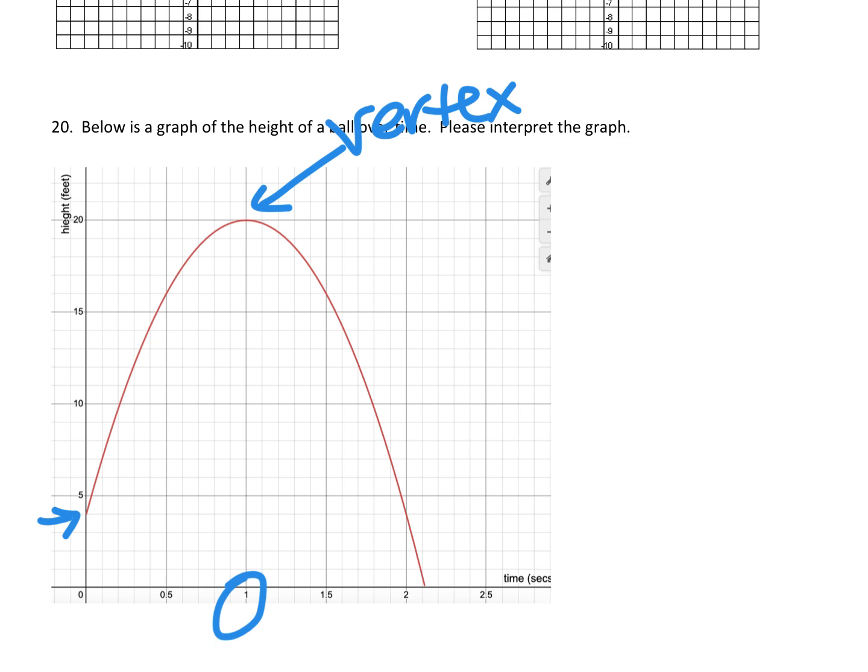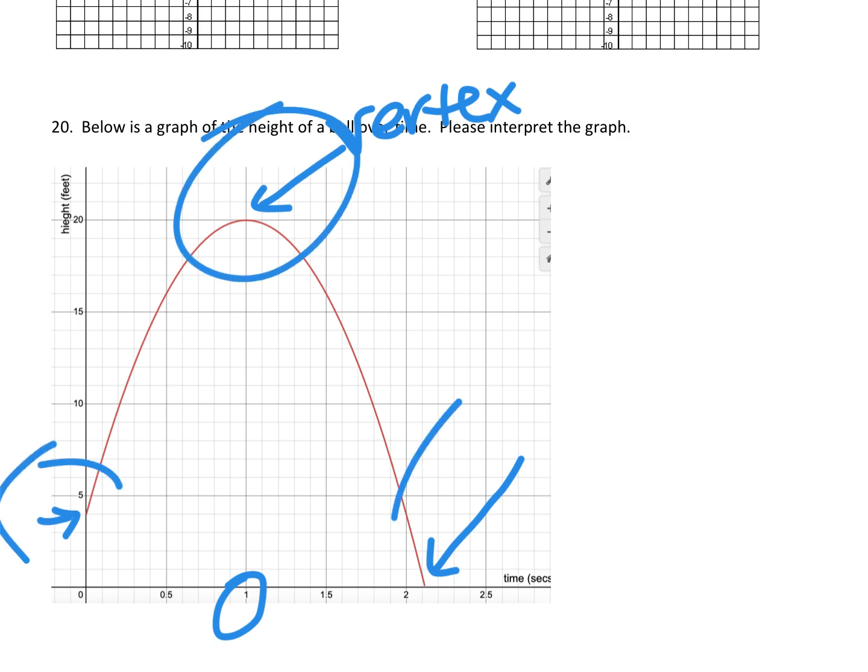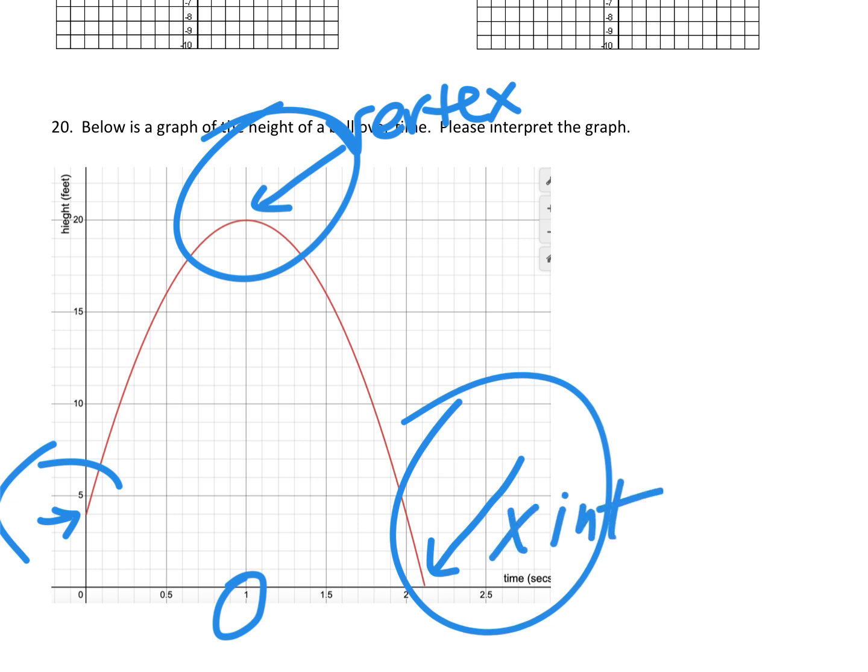And that happened at 1 second. And then it hit the ground right there, and it looks like it's maybe 2.1 seconds when it hit the ground. So you just say what happened here, and what happened here, and throw in some math words like vertex. You could call this the x-intercept. But you have to throw in some math words.